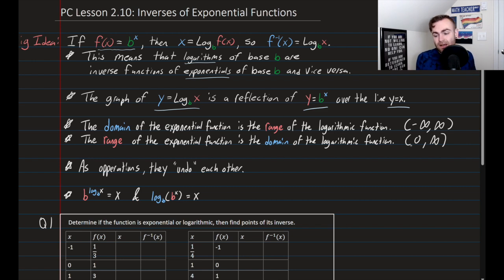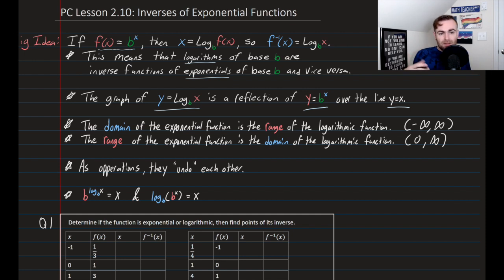It has a domain of 0 to infinity, non-inclusive, and a range of negative infinity to positive infinity, which means that logarithms are kind of like your even roots in that you cannot have negative numbers, but you also cannot have 0 inside of a logarithm. That makes sense because exponentials raise things to a power, so you're never going to have 0 as a result. And if you can't have 0 as a result, and the inside of a logarithm is the result, you can't have 0 there either.